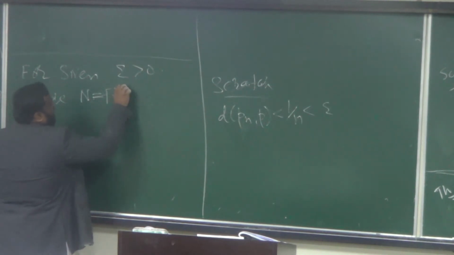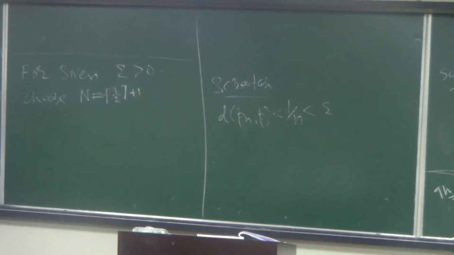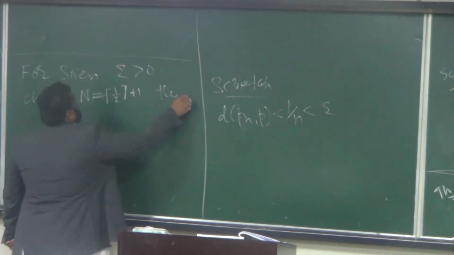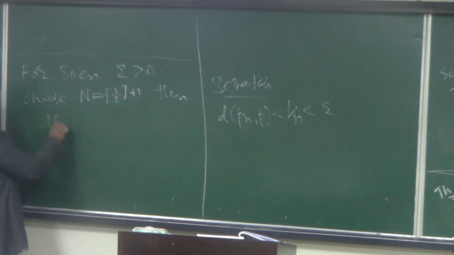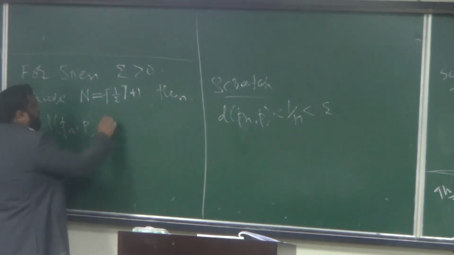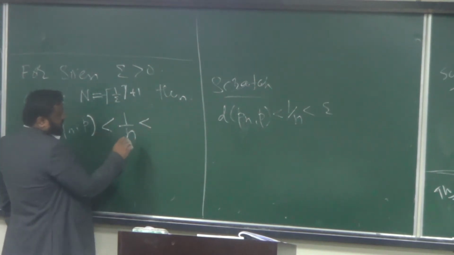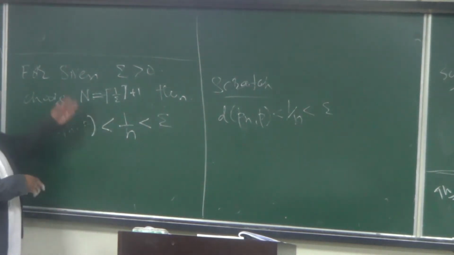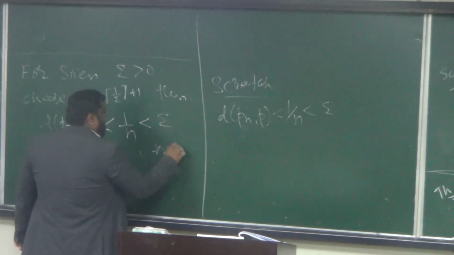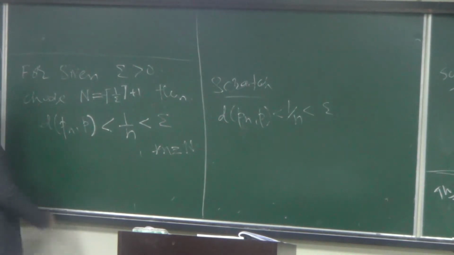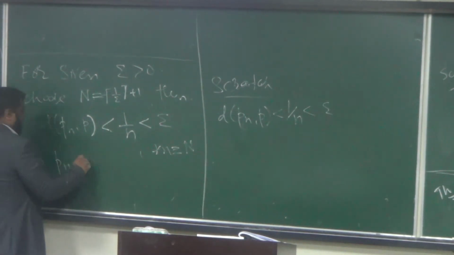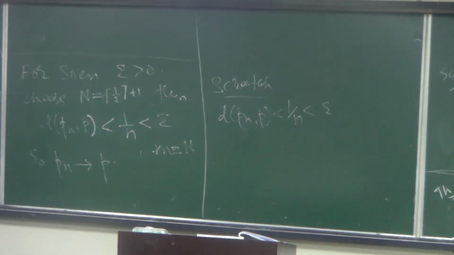And to be on the safe side, if this is the case, then as the distance between Pn and P is smaller than 1 over n, and 1 over n is smaller than epsilon, we can show that this is smaller than epsilon for all n bigger than or equal to capital N. Okay, so Pn converges to P as n goes to infinity.